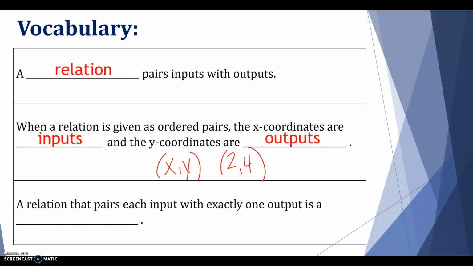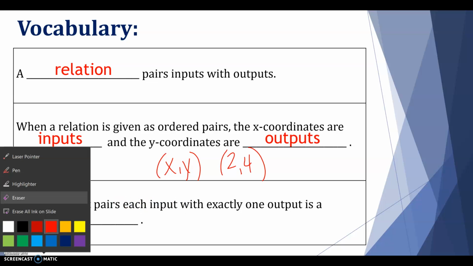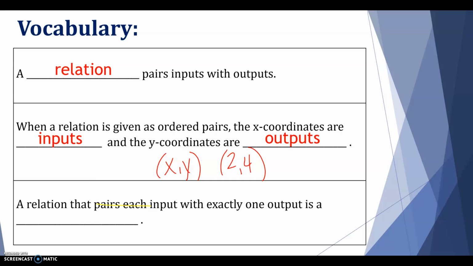Now, if a relation pairs each input with exactly one output, so this is something that is super important right here. So pairs each input with exactly one output.